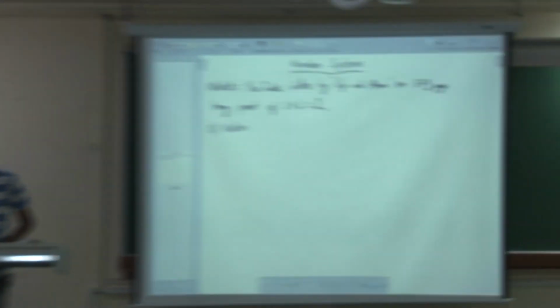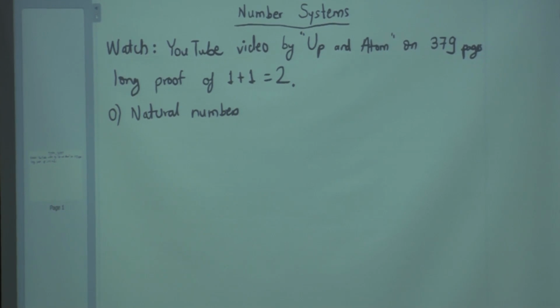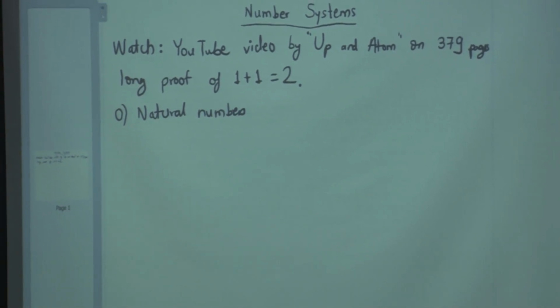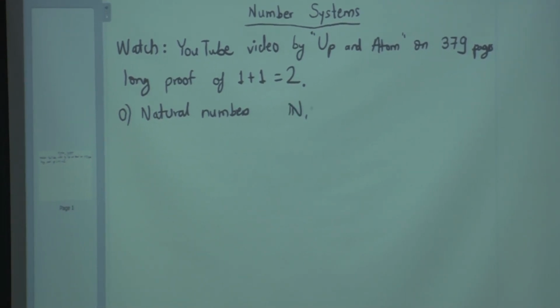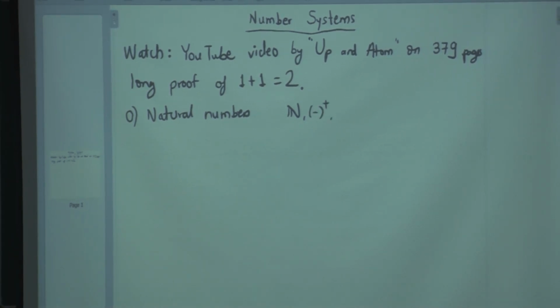Okay, so let us move ahead, and we want to construct. The zeroth stage was, of course, natural numbers. So the notations are N, then somebody asked me yesterday what this blank was. This blank is just a placeholder for an argument.